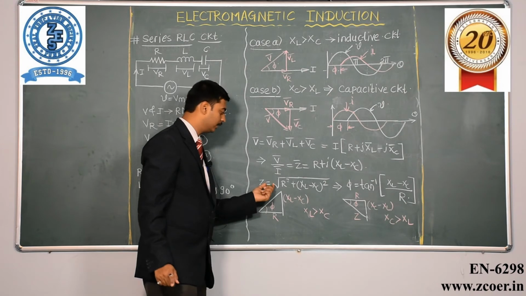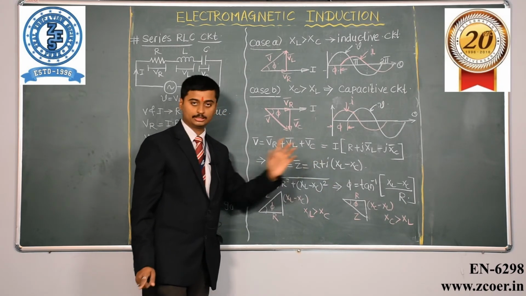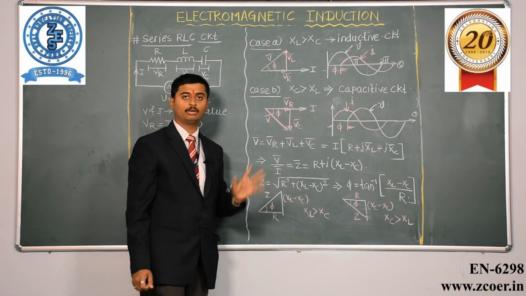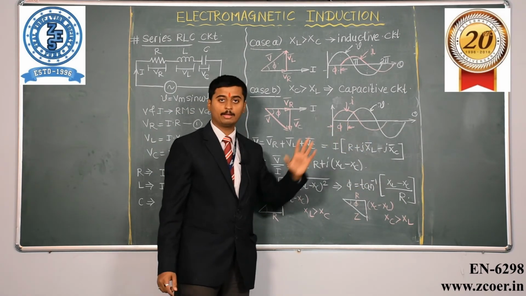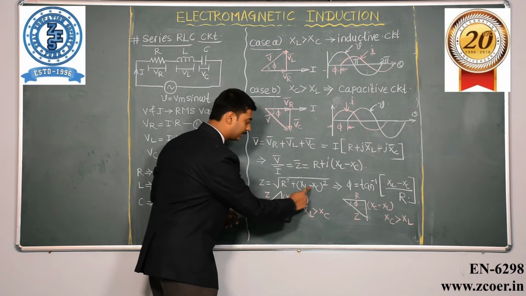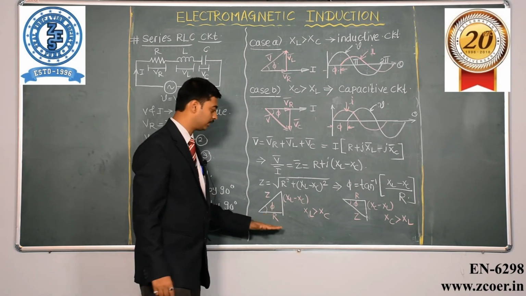So Z equals the square root of R squared plus (XL minus XC) squared. The angle phi equals tan inverse of Y by X, that is (XL minus XC) upon R. This is the impedance triangle.